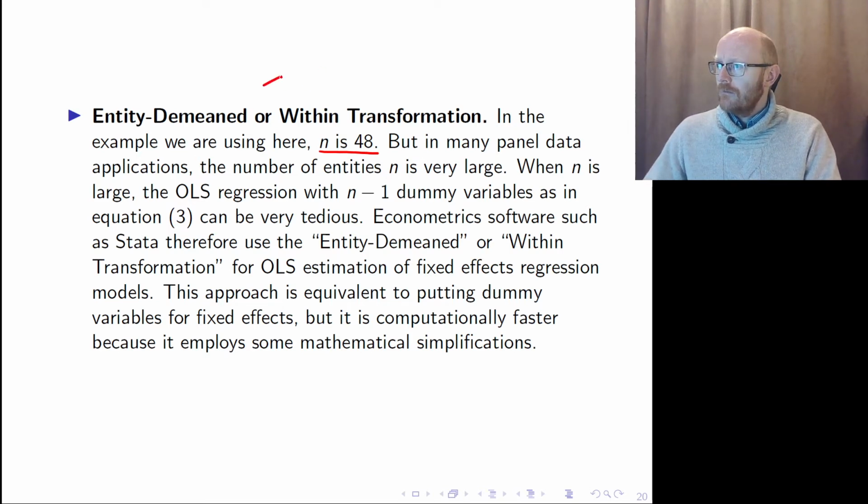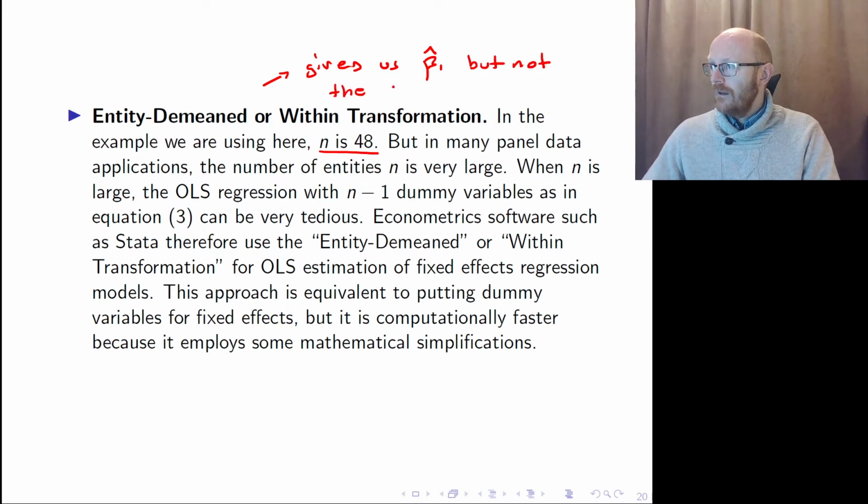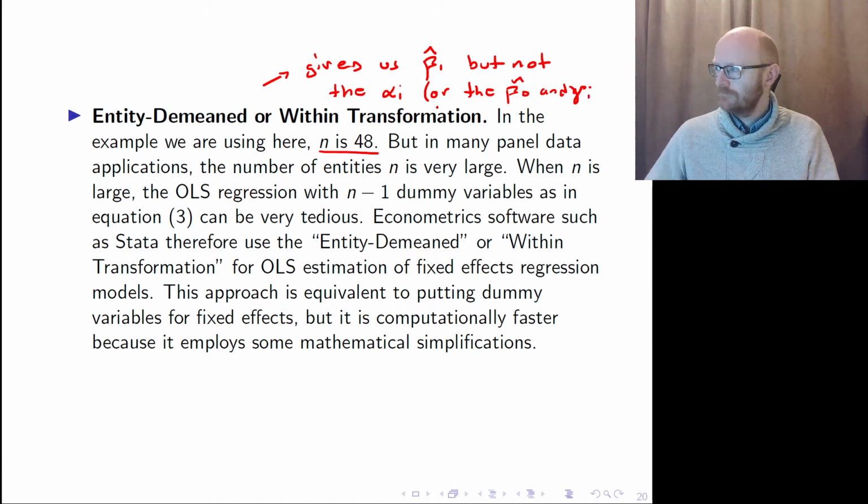So this gives us beta, but not the alpha I, or the beta naught hat and gamma I, equivalently.